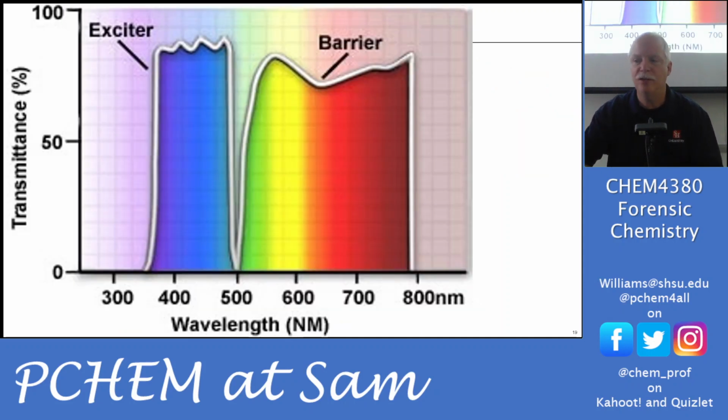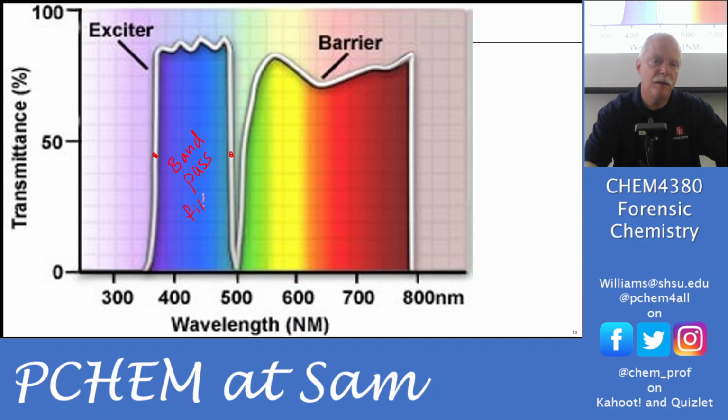We have an exciter filter, and so that might be the profile for a filter. And this one, because it has a cutoff here and a cutoff here, right around that 50% cutoff region, is called a band pass, because it passes a certain band of light.